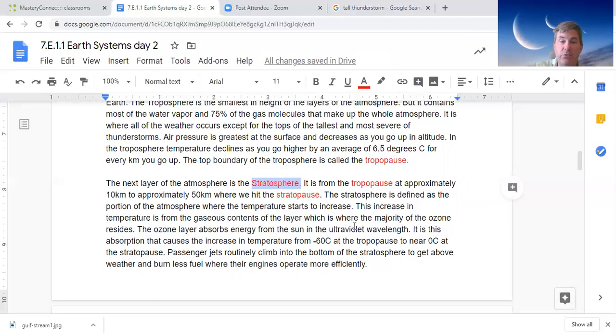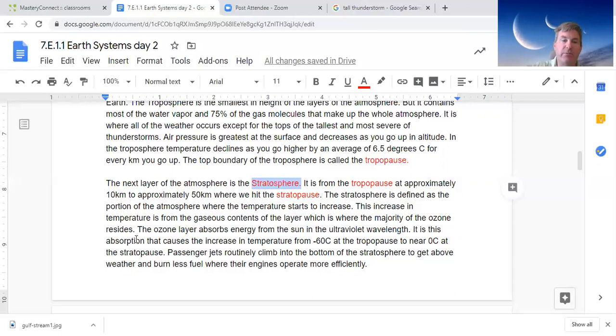So the ozone layer absorbs a lot of that energy. And by absorbing this energy, and again, remember what temperature is, temperature is just a measure of the average kinetic energy of the molecules. So if these molecules of gas are absorbing energy, guess what they're going to do? Their temperature is going to go up. That's how we read that energy.